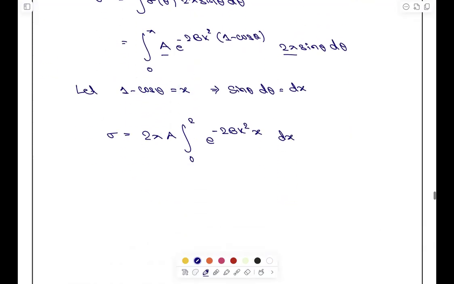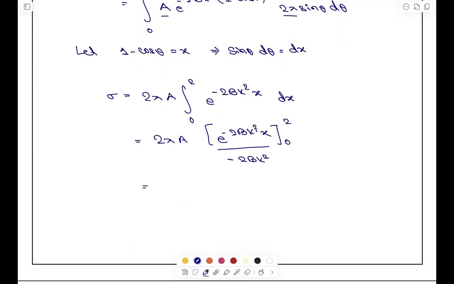Now it's an easy integration of an exponential. So 2 pi a, this integration will become e to the power minus 2bk square x divided by minus 2bk square, with the limits going from 0 to 2. So you can write minus 2 pi a upon 2bk square, and put the limits of integration.